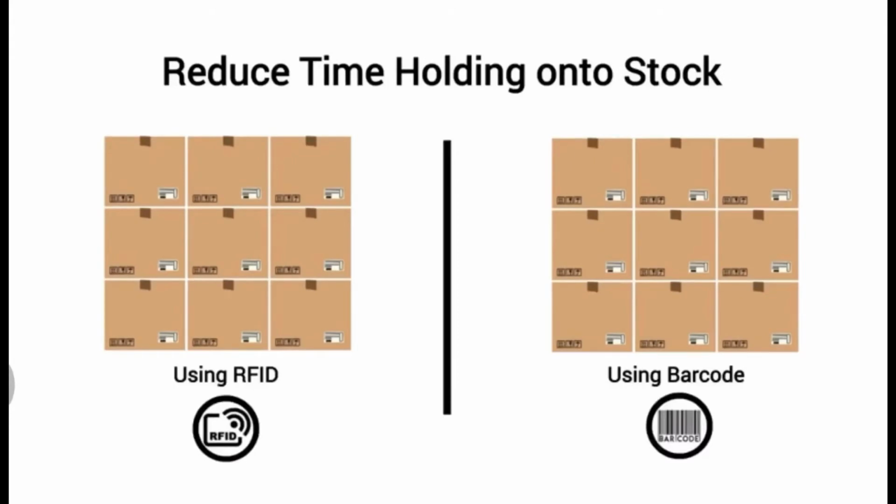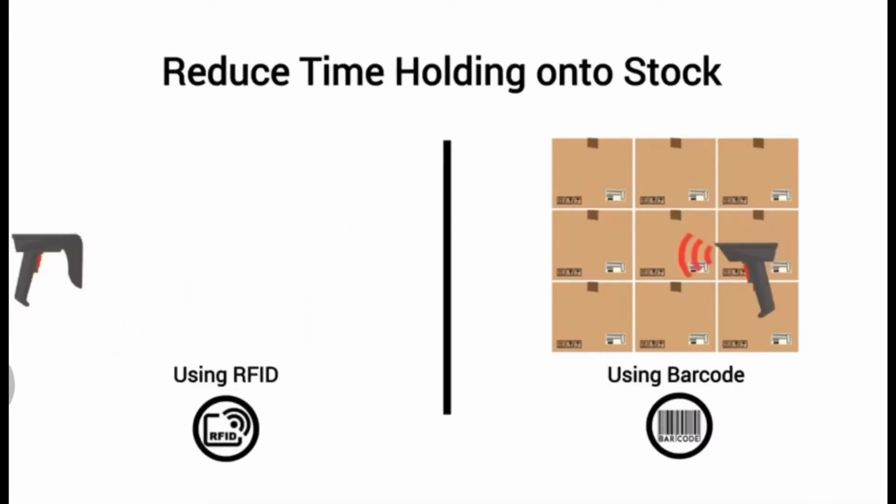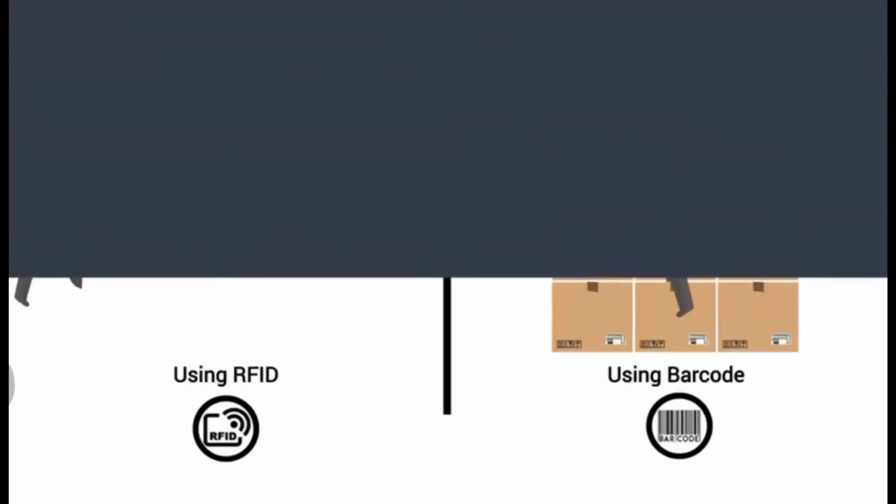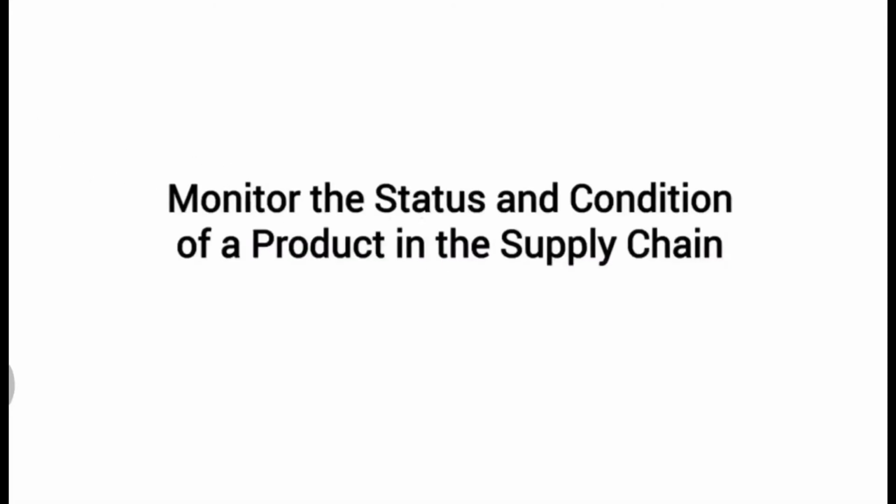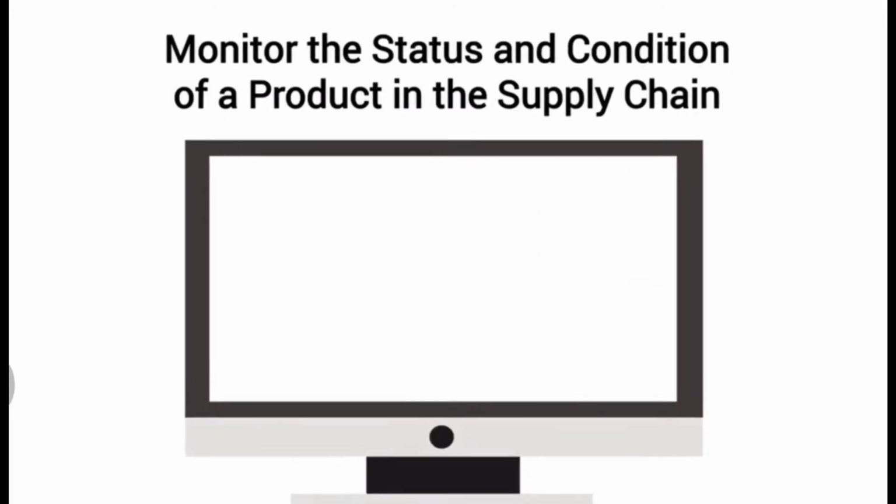It can be done using radio frequency identification or using a barcode. Third, monitor the status and condition of a product in the supply chain.